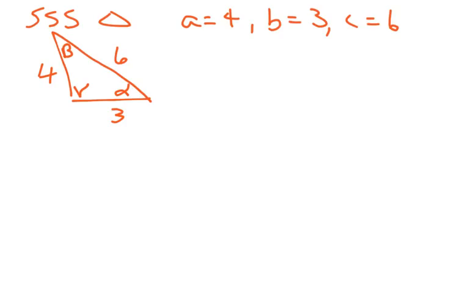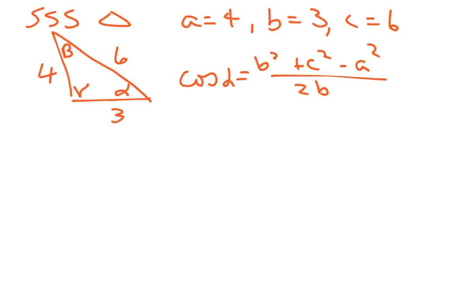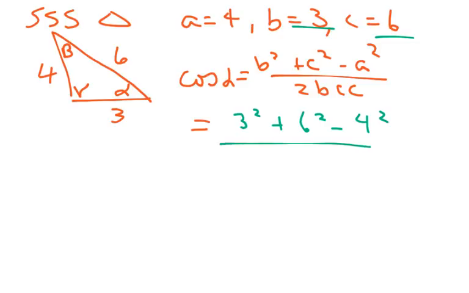I'm going to use the fact that cosine of alpha equals b squared plus c squared minus a squared over 2bc, and you just plug it in. b is 3, so we have 3 squared plus 6 squared minus 4 squared over 2bc.